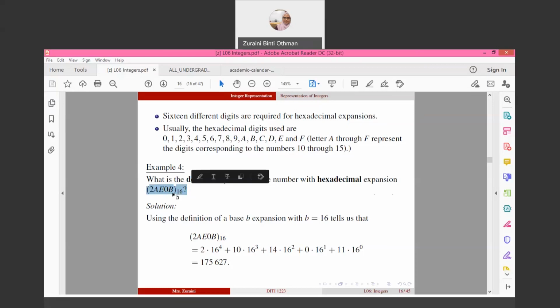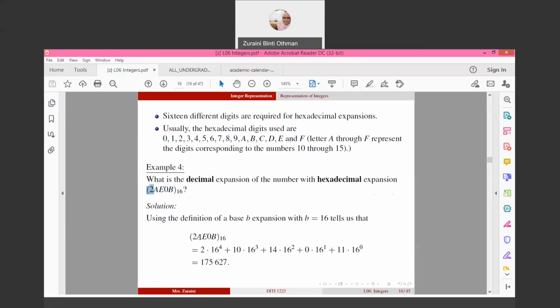Okay, so we have to times it by using the theorem previously, which is yang belakang sekali darab dengan 16 kuasa kosong until yang depan sekali 2 ni darab dengan 16 kuasa 4.